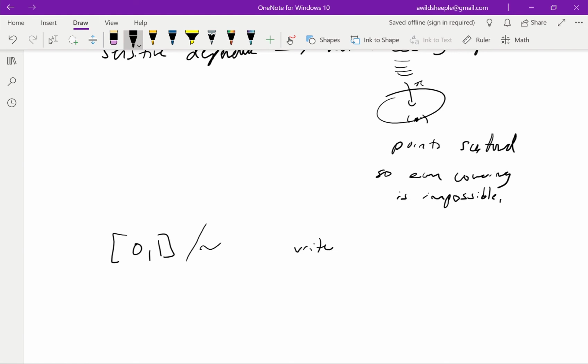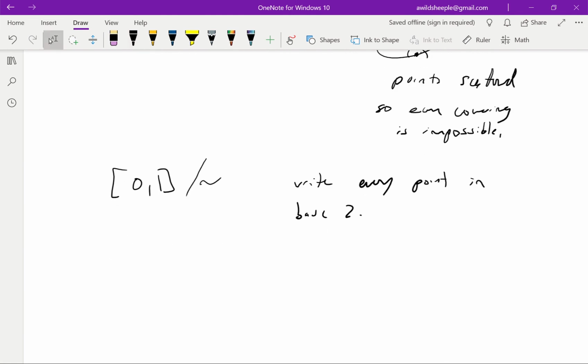This is a Cantor set trick, if you've seen it before. Thus, every point in this set looks like 0 point and then a bunch of stuff. Maybe I should actually write some stuff. It looks like A1, A2, A3, and so on, where all the A_i are either 0 or 1.